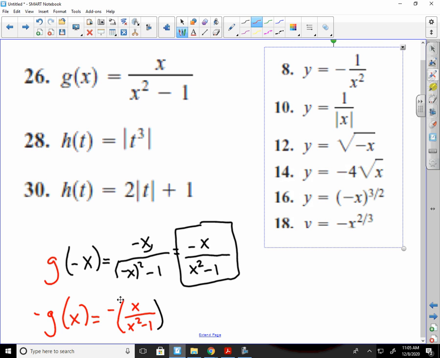Now that really just means I can either multiply the entire top or entire bottom by a negative. Generally just do the top. Just going to make it negative x over x squared minus 1. Does that make it odd? Yep. So this is an odd function.